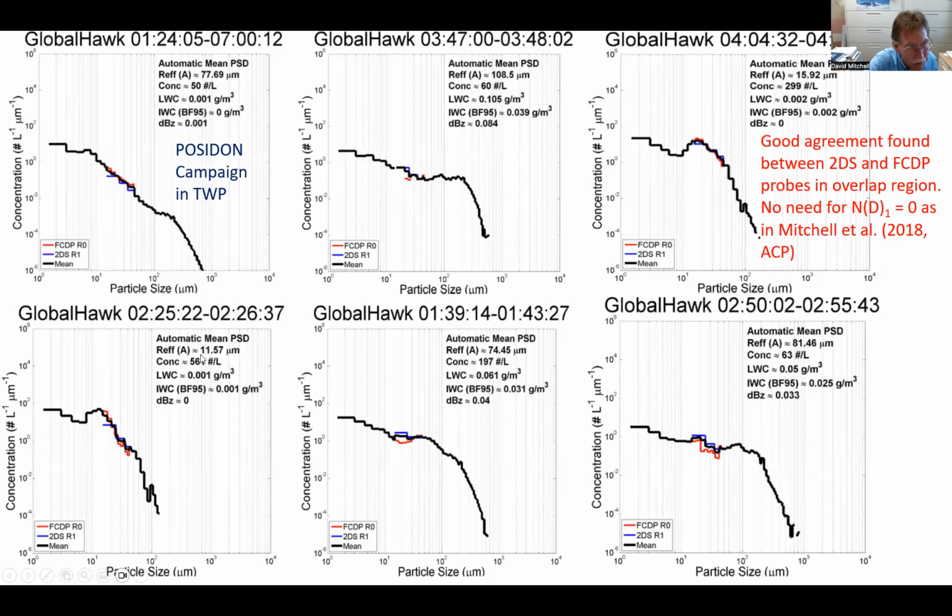That was surprising because I didn't think it would merge so well. It was like this in about 90% of the data. So in the past, we had thrown out the first bin of the 2DS probe, but we don't see any need for doing that after looking at this data for both campaigns. We had good overlap between the probes there. So it looks like the first bin of the 2DS is realistic. That was our assumption with SPARTICUS as well.